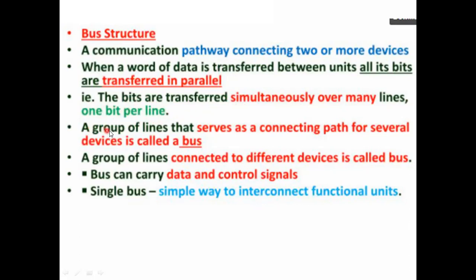A group of lines that serve as a connecting path for several devices is called a bus. This is the definition of a bus. A group of lines connected to different devices is called a bus.